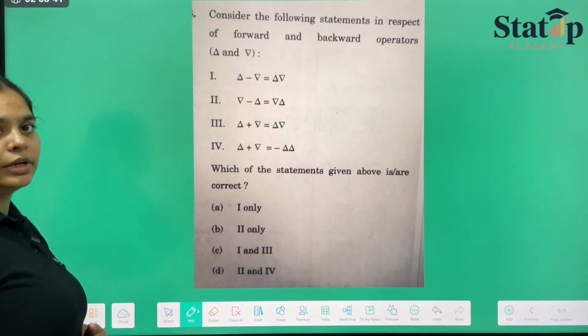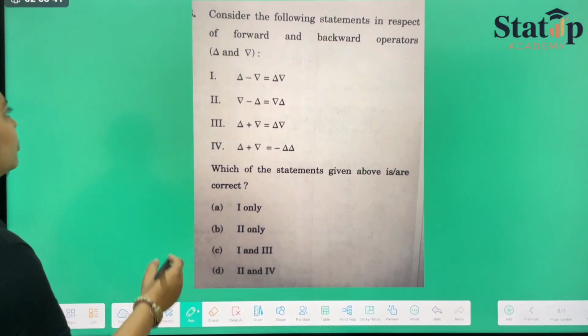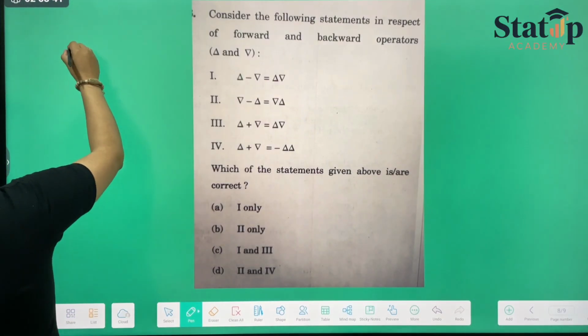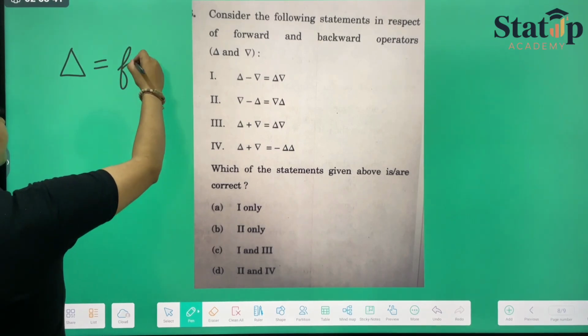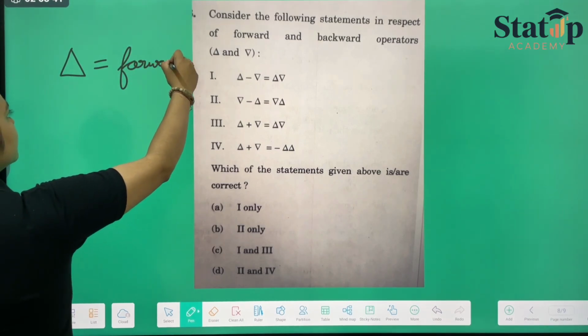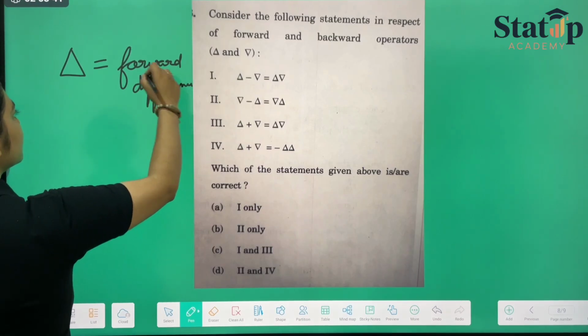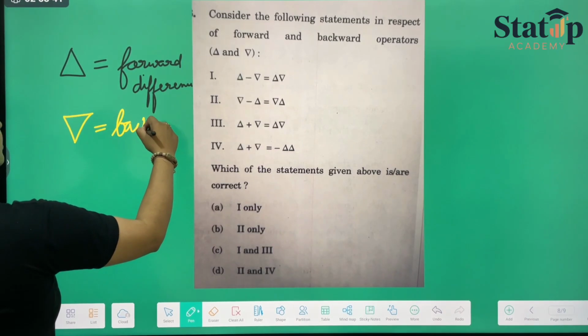And if you have already seen, then you must know that in this question, the two difference deltas are given. This is known as forward difference, and this is known as backward difference.